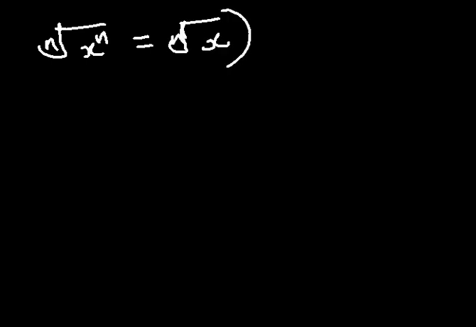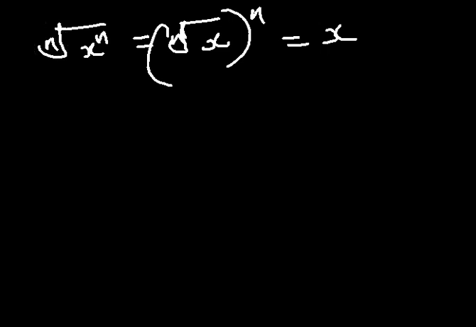Now we have the first property. If we have the nth root of x to the power n, which can also be given as the nth root of x to the power n, this is the same as having x.